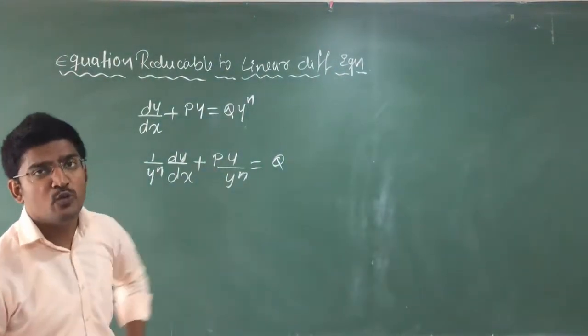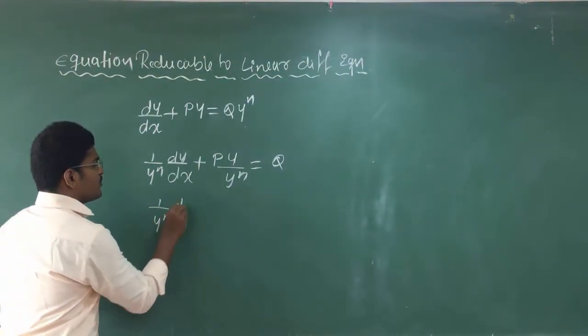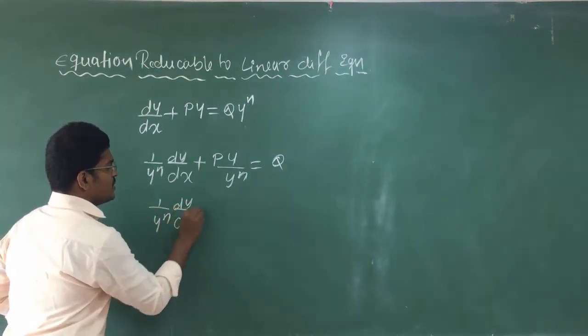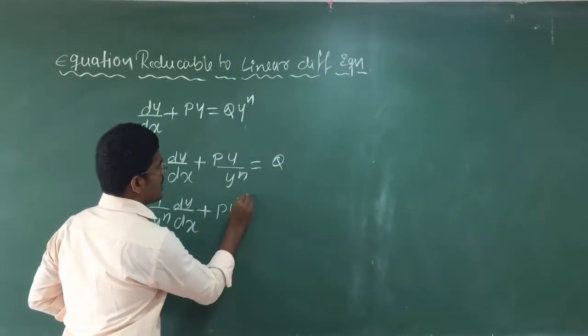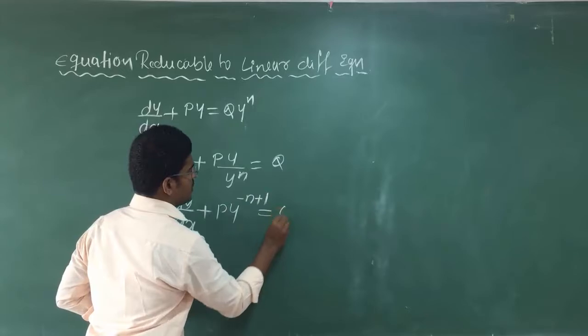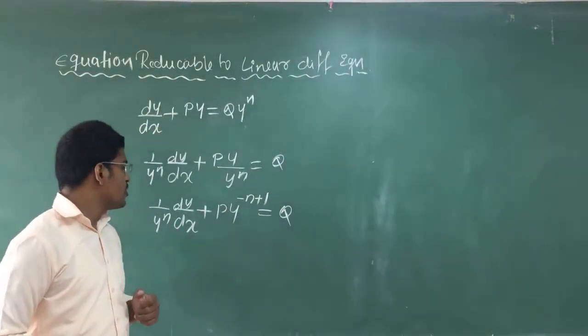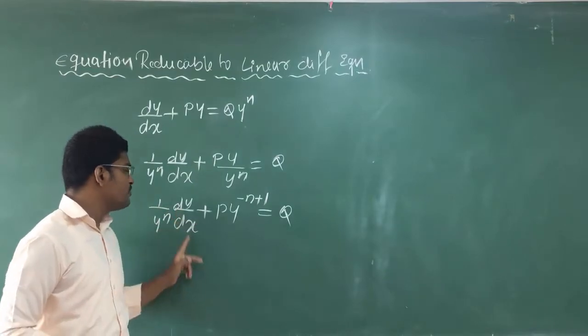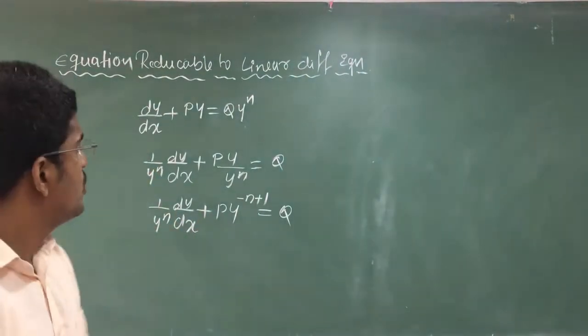Now it is free from y. 1 by y^n dy by dx plus p y to the power of minus n plus 1 equal to q.